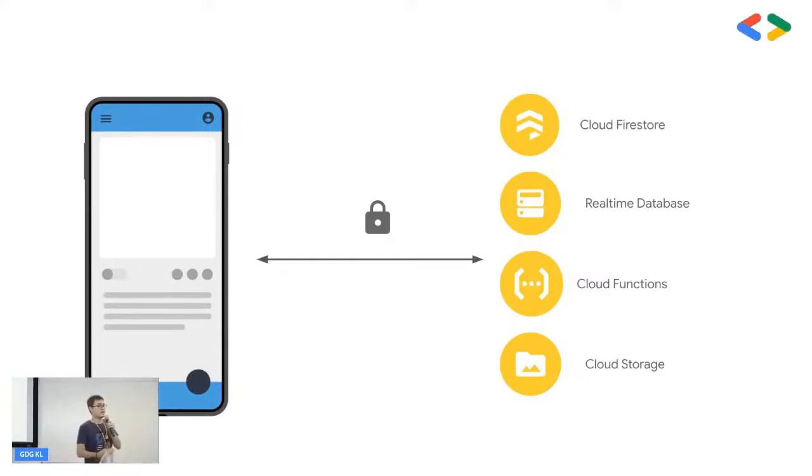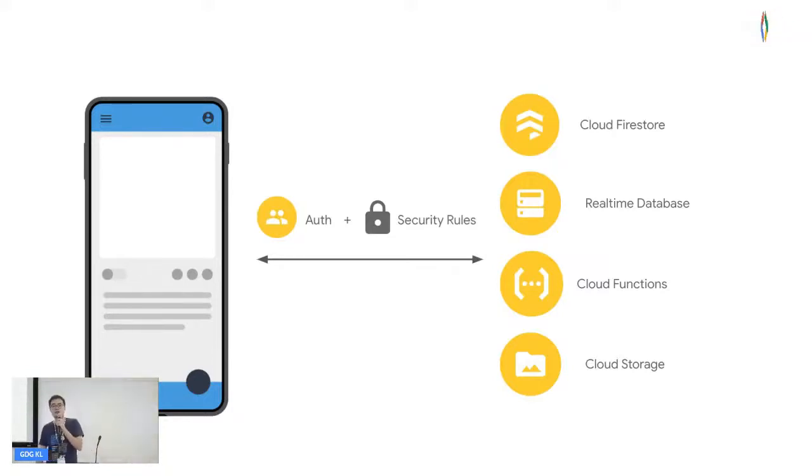All of these Firebase resources usually have to be secured with a few things. Most of the time, you would build your app with security in mind. You will have Firebase Authentication or your own authentication provider, as well as security rules to safeguard your data from abuse or from unauthorized access.